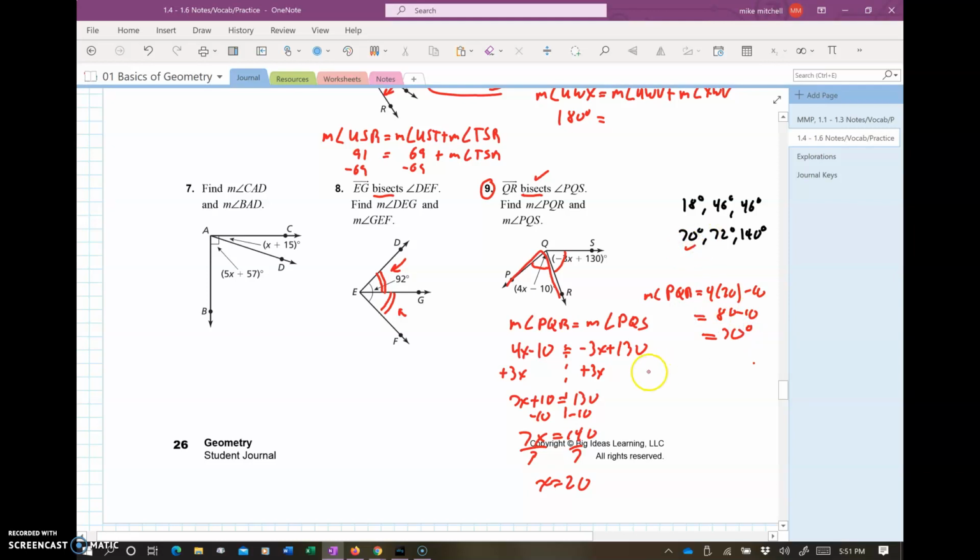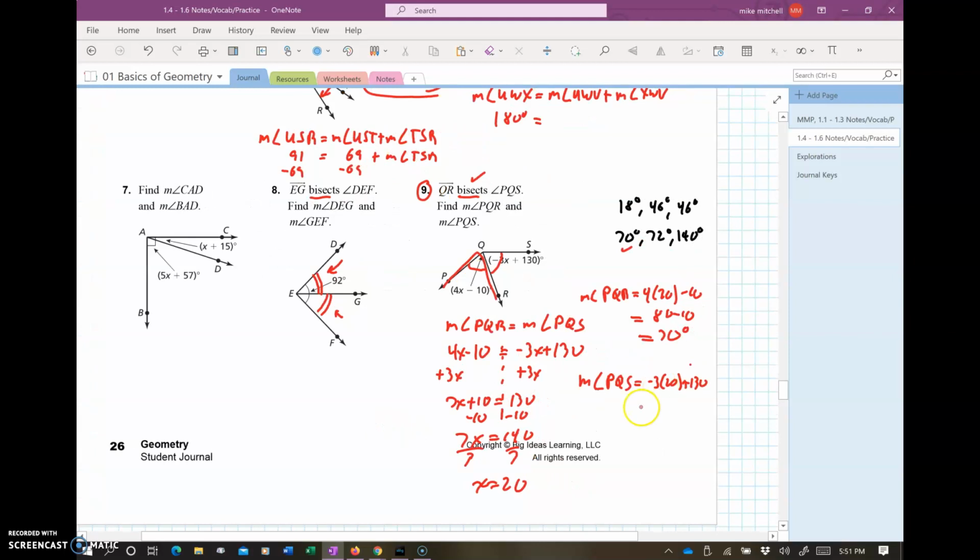My other one, measure of angle PQS. That's going to be negative 3 times 20 plus 130. Negative 60 plus 130.